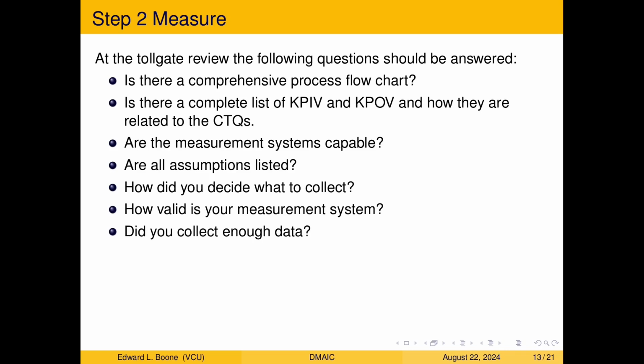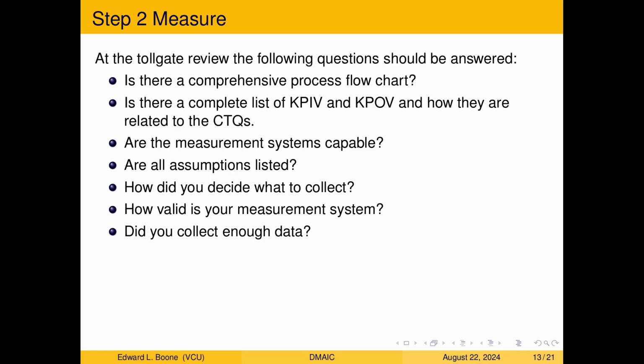Are the measurement systems actually capable of measuring what you want reliably? Are all assumptions that you've made about the process listed? Because if you can list them out, then you can check to see whether they're true or at least close to being true.